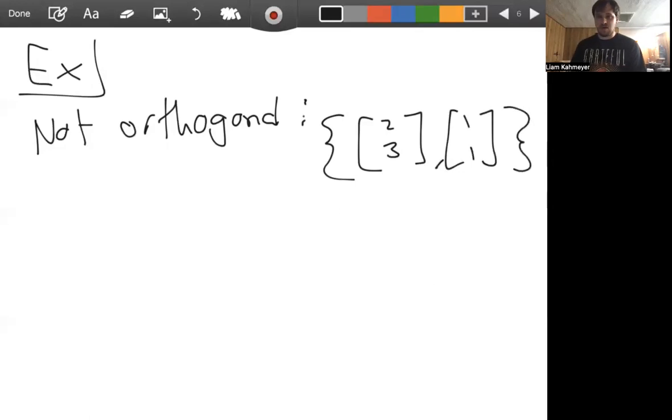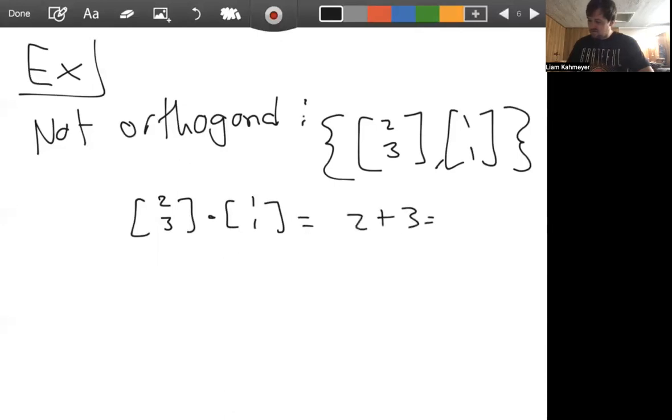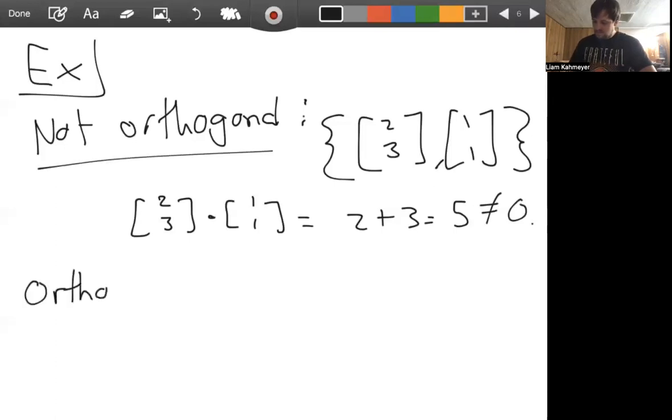This is an example of a set of vectors that's not orthogonal because when you take the dot product, (2, 3) dot (1, 1), you get 2 plus 3, which is 5, which is hopefully not 0. So there are a lot of examples of collections of vectors that are not orthogonal. What about something that's orthogonal, but not orthonormal?